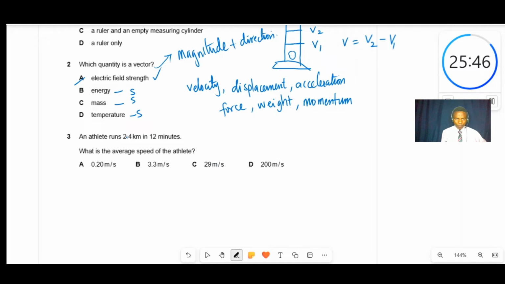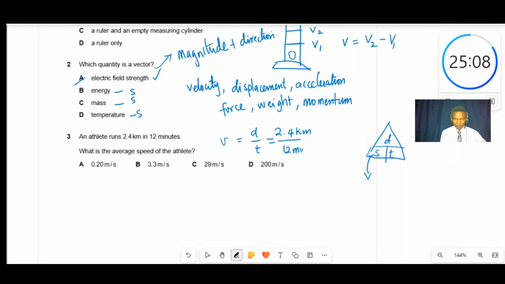So speed is equal to distance divided by time. I use S here, which is the same thing as V. So the distance is 2.4 kilometers divided by 12 minutes.